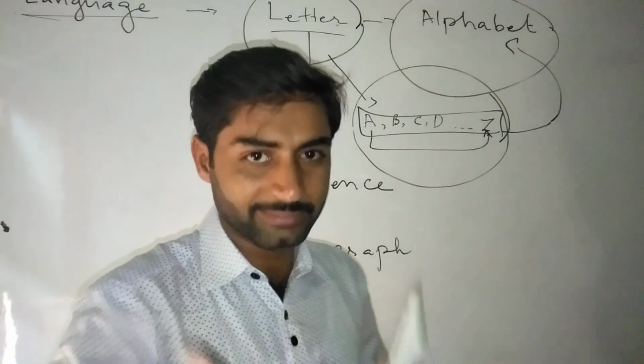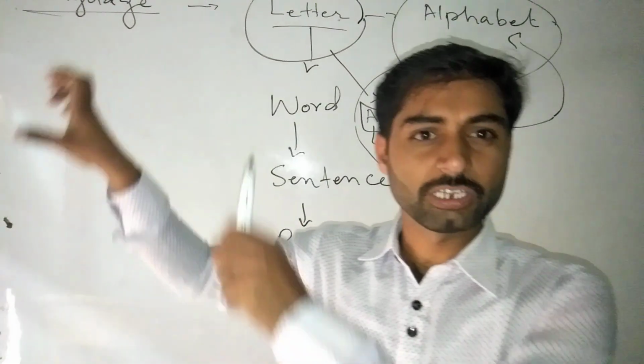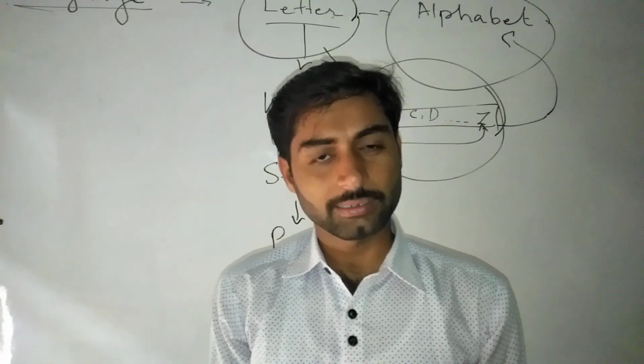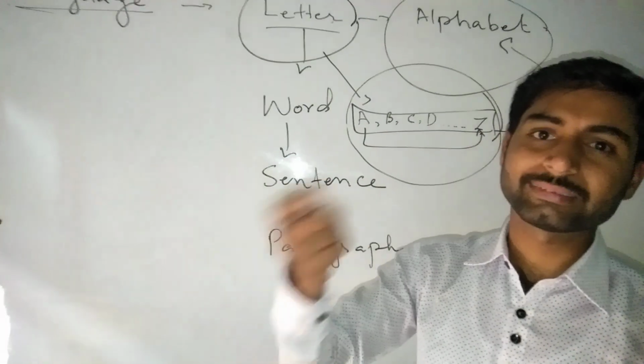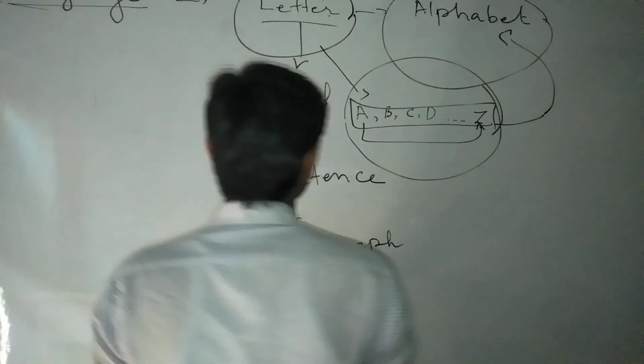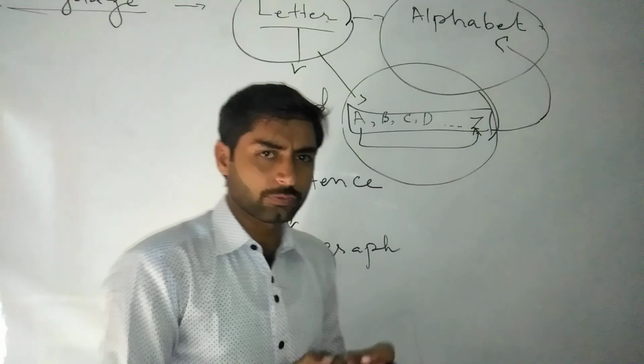Are you getting it? For example, letters A, B, C, D, E to Z. Every symbol is a letter. An alphabet is the set of letters. Clear? Then someone asked me a question.